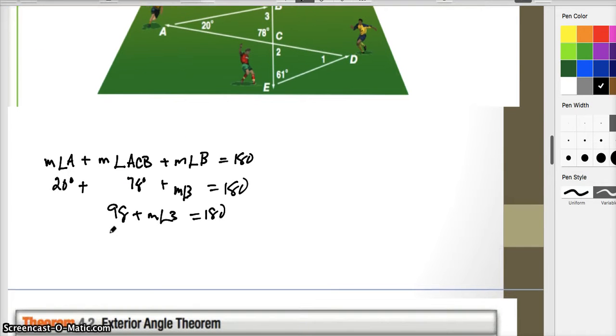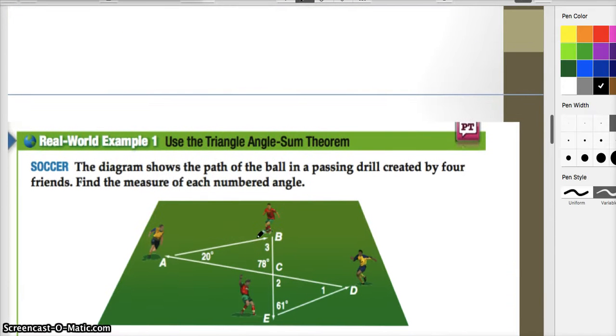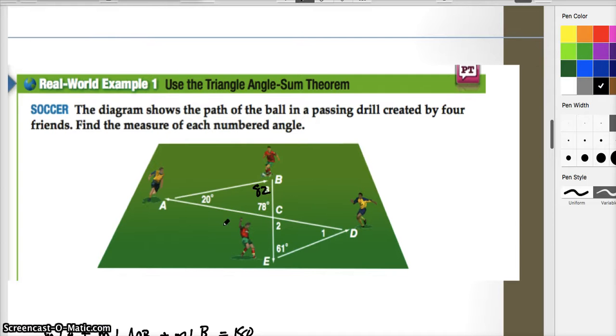And if I subtract that 98 from both sides, you guys know how this goes, I'm going to end up with 82 is equal to the measure of angle 3. So then I can go back and put that right into my picture, 82, and now I've got this triangle solved for its angles.